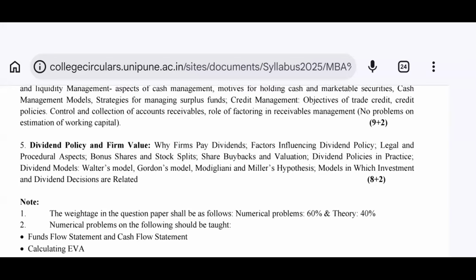Stock splits are like a rights issue where instead of 1 share, I'm giving you 2 shares. So the value of the share will decline. For example, if the earlier share value was 100, now I divide this share into 2 shares, that is 50 rupees each, 2 shares.